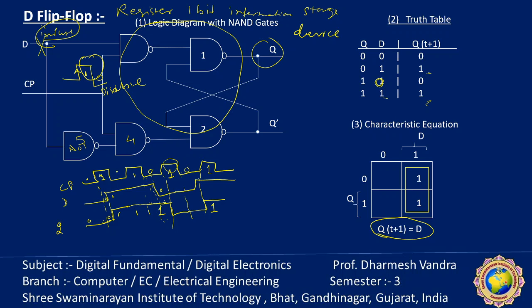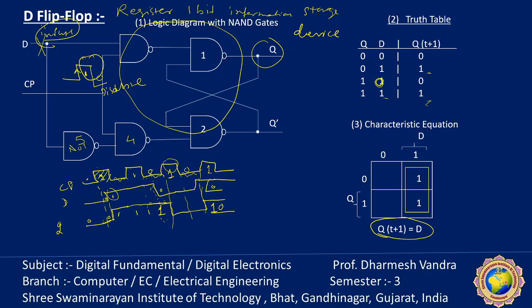So simply, when the clock pulse is 1, the value changes. Suppose during that time the input suddenly changes to 0, then immediately the output also changes to 0. So during the clock pulse, if the input changes, the output changes. But if the clock pulse is 0, the output never changes, it is in a stable condition.